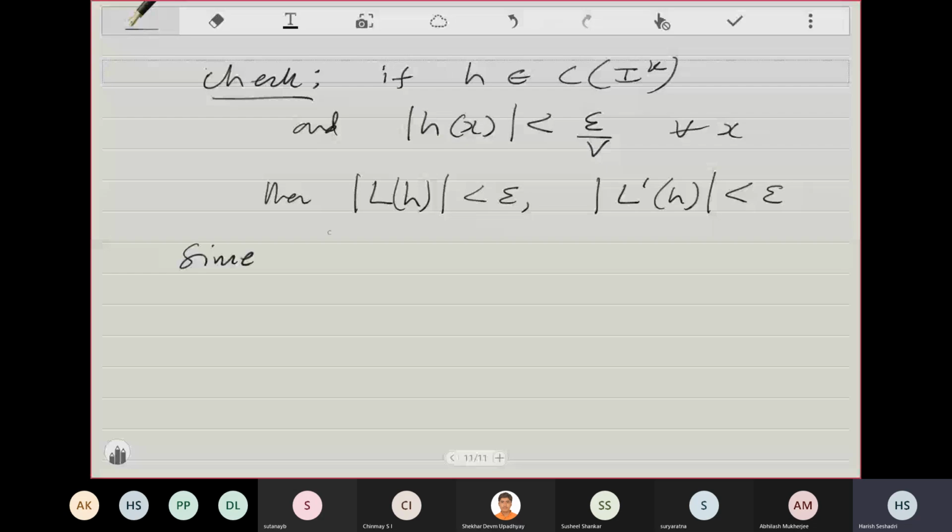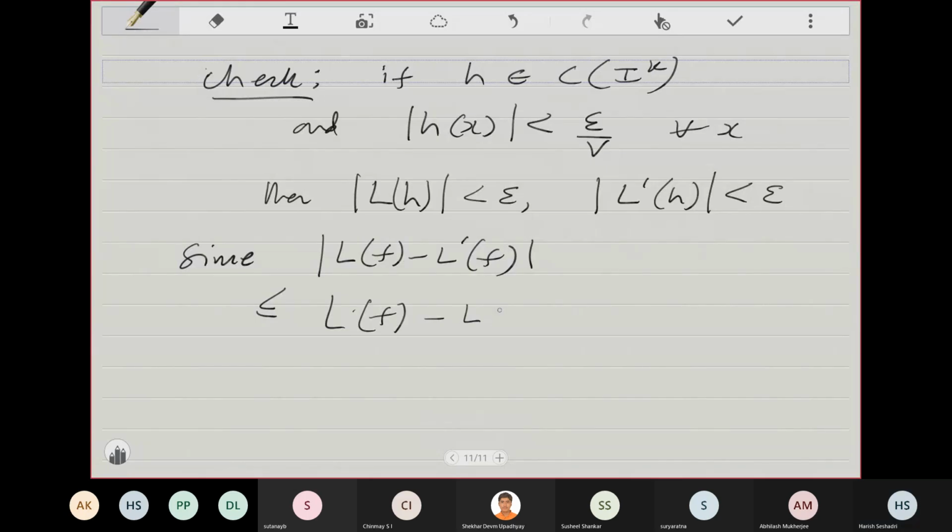Since I want to say that the difference L of f minus L prime of f is very small, I'll use the triangle inequality and say this is less than or equal to L of f minus L of g, plus, I throw in this L of g, minus L prime f.